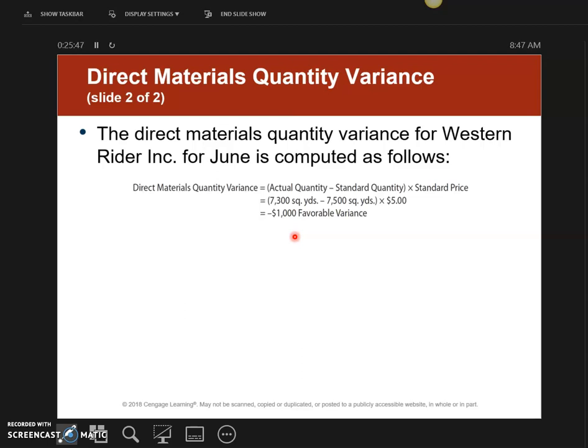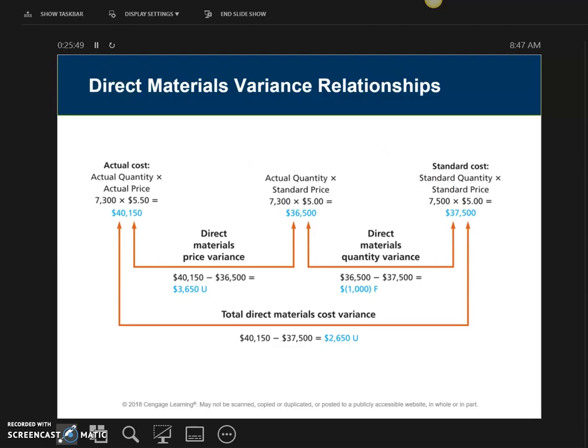So here is the flow chart that you're going to see in direct materials cost variance. And I have a formula sheet for this. It's going to be actual price times actual quantity is this. Here's my actual quantity times standard price. And here's my standard quantity times standard price. And I'm basically going to take these 2 numbers here and subtract. This was just my direct materials price variance.